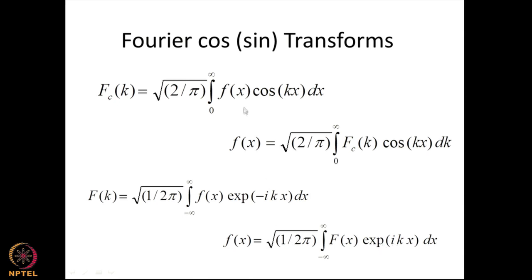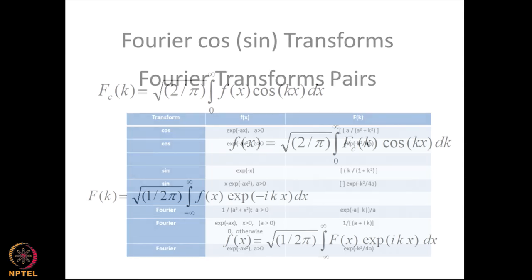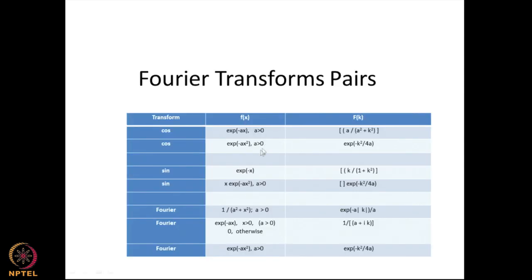So, for many functions f(x), these transforms have been calculated and you will find several tables of Fourier cos and sine transforms. I will just give one example here. In this example, I have given several examples of Fourier transform pairs. What is the meaning of transform pair? If I take the function f(x), take a Fourier transform, you will get f(k).